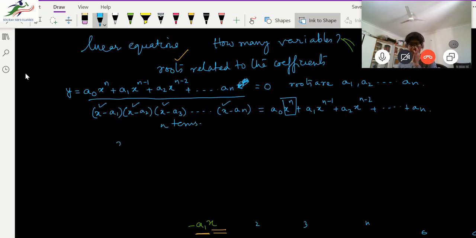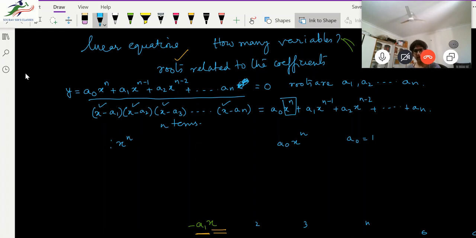So if I do that, x to the power n will have a coefficient of 1 here, and here I have a0 x to the power n, right? So therefore I get a0 equal to 1, right?